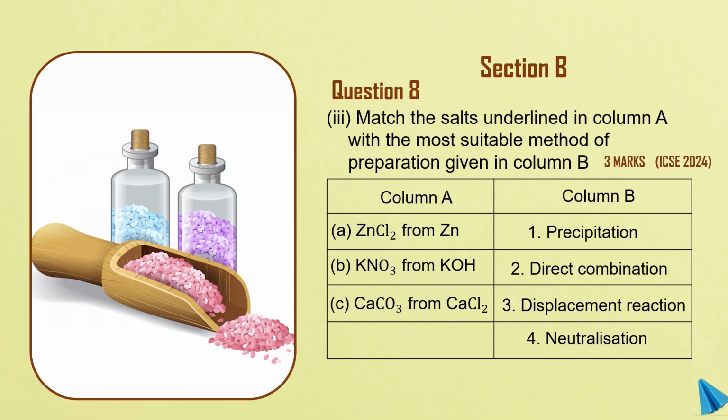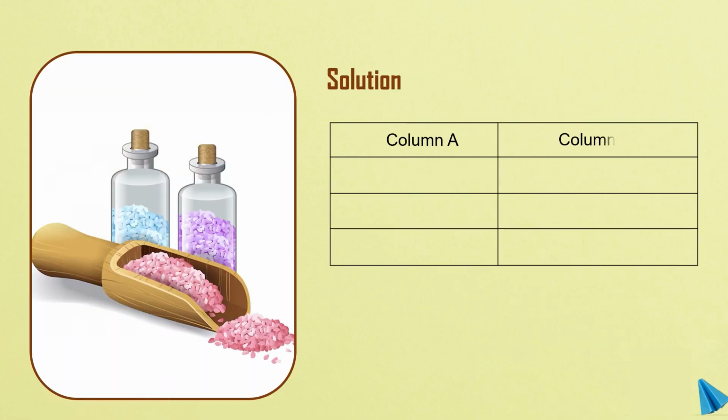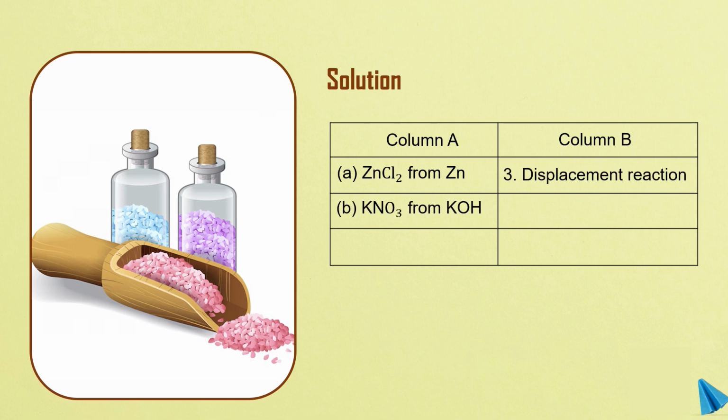So we have 3 parts in column A, 4 parts in column B, and we are supposed to match the columns. So here, ZnCl2 from Zn goes with displacement reaction, KNO3 from KOH we match with neutralization, and CaCO3 from CaCl2 matches with precipitation.